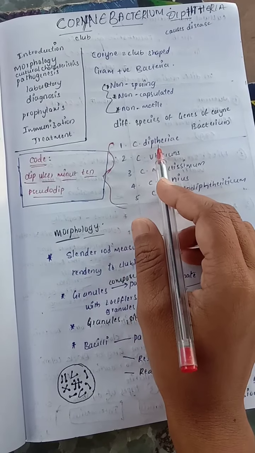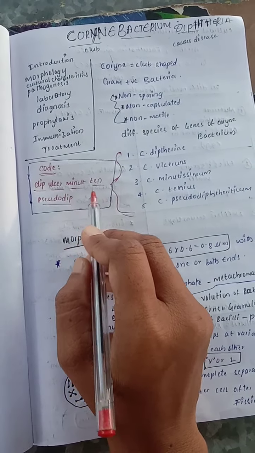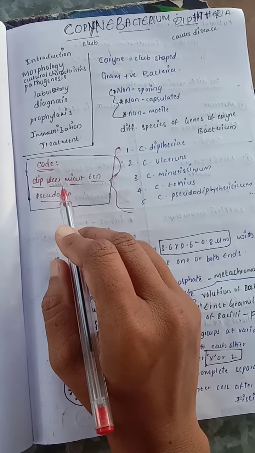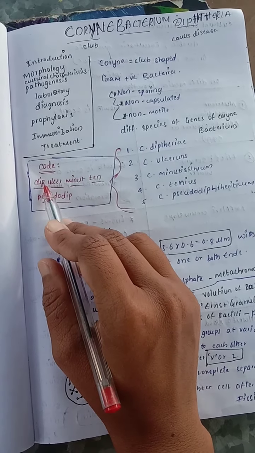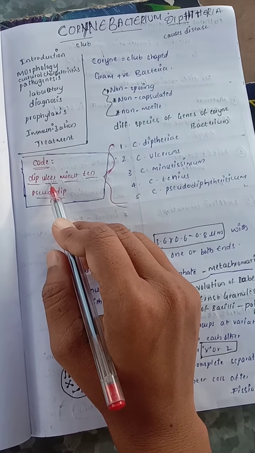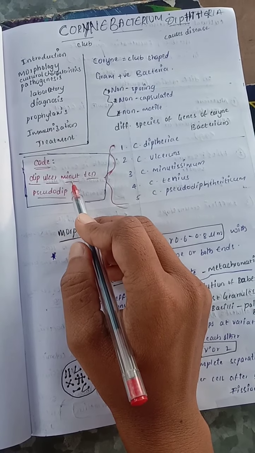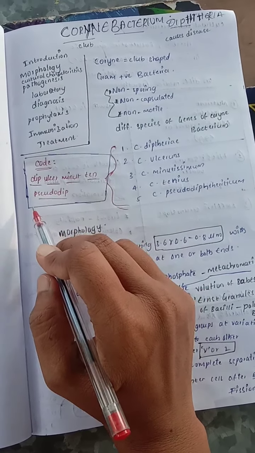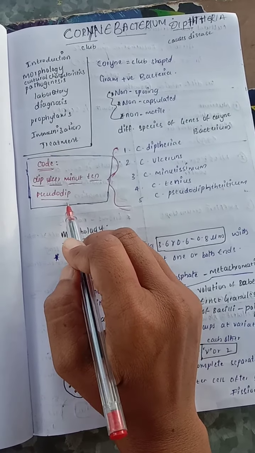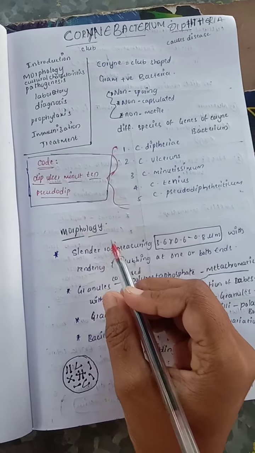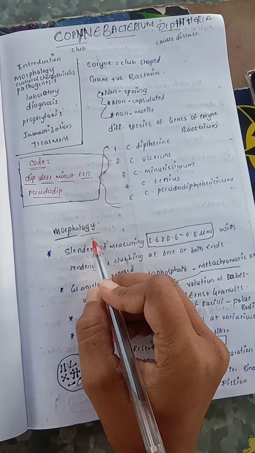It is remembered by one code: dip, ulcer, minute, ten, pseudodip. Dip means Corynebacterium diphtheriae, then ulcerans, minutissimum, tenuis, and pseudodiphtheriticum.